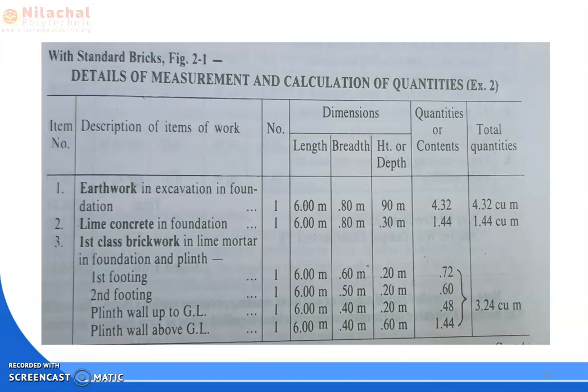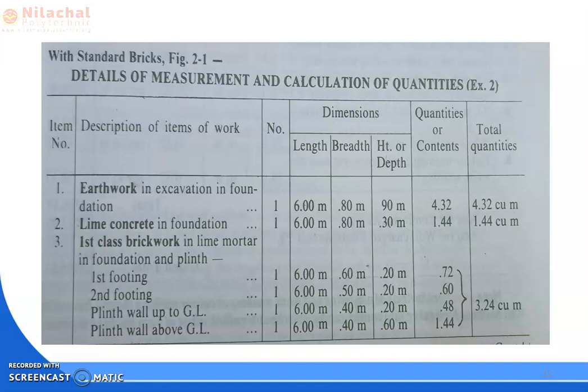But the height we consider on the basis of the formula: the distance from the bottom of the foundation to the ground level. How much distance is covered from the bottom of the foundation to the ground level is known as the height or depth of the earthwork excavation, okay.